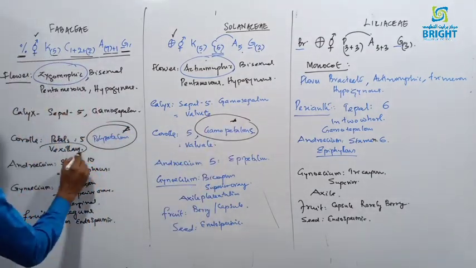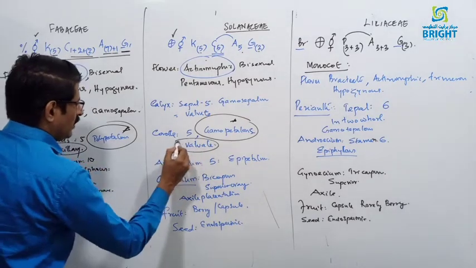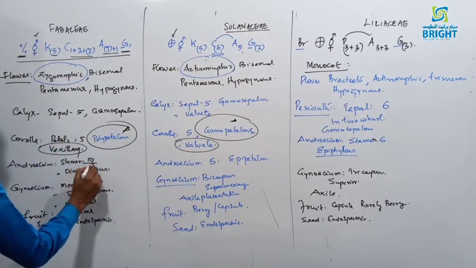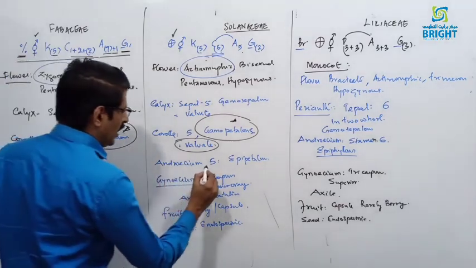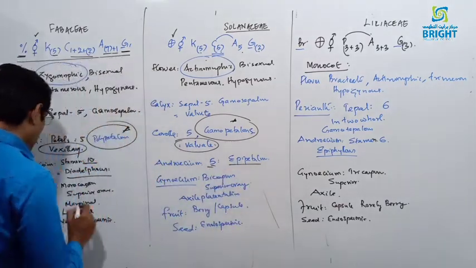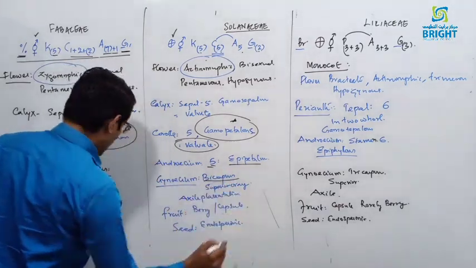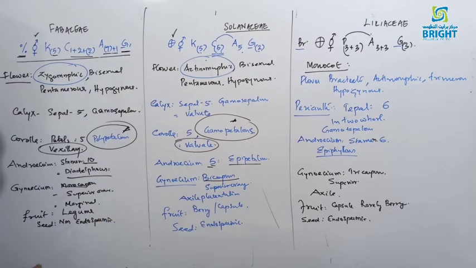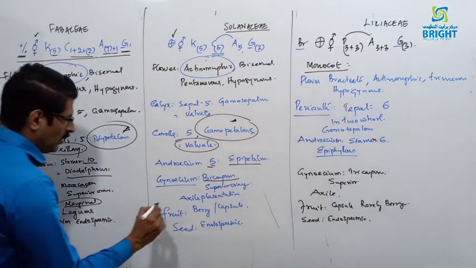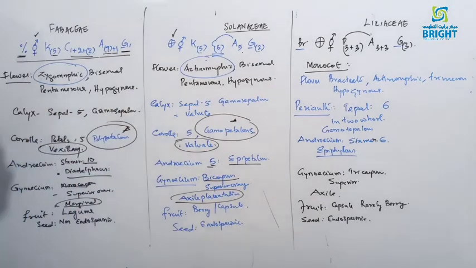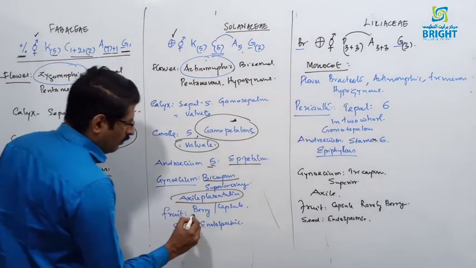And here vexillary aestivation, valvate aestivation. And here 10 stamens diadelphous, but here 5 stamens epipetalous. Monocarpellary, bicarpellary condition. Both are superior ovary. Here marginal placentation, but here axial placentation. And the fruit is legume, berry or capsule.